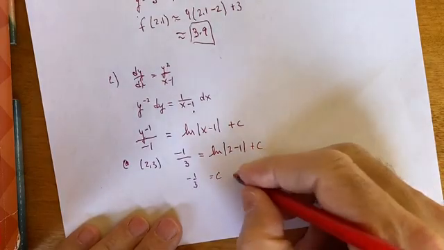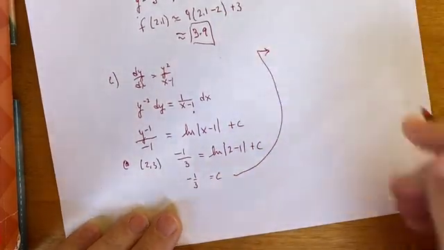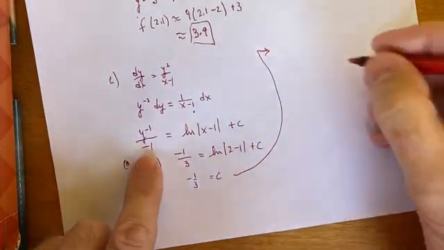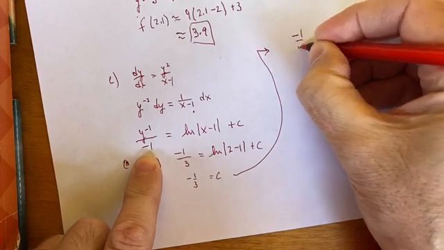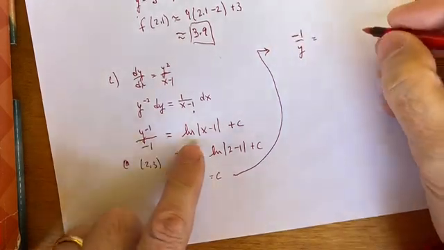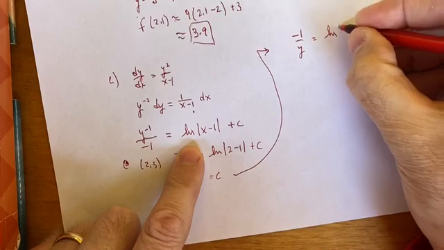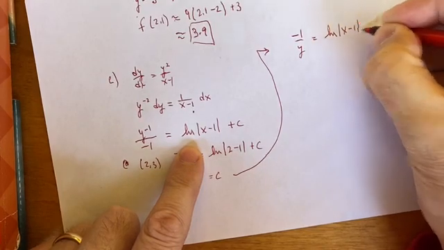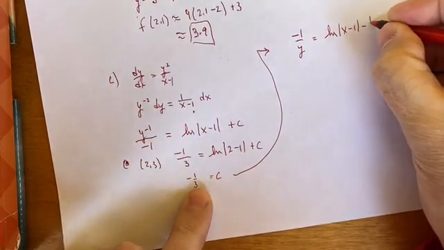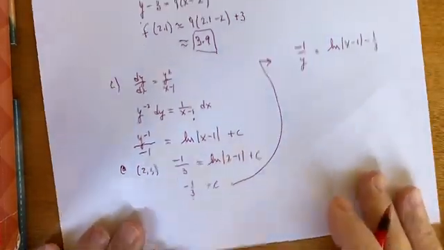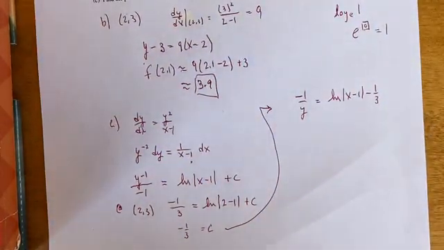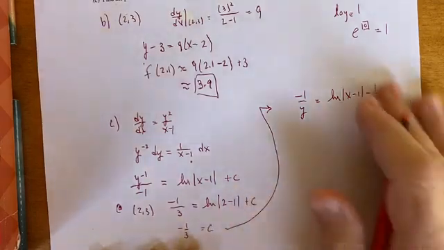Okay? Now we have this equation. -1 over y equals the natural log of the absolute value of x minus 1 minus 1/3. Okay? We're going to solve for y. I suppose it doesn't have to be beautiful on a free response question. It just has to be correct.